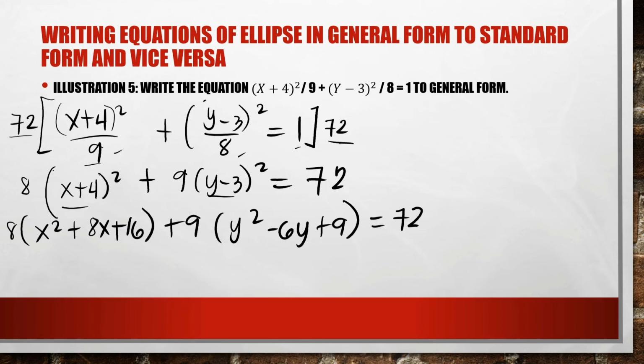And then, didistribute na natin itong 8 and 9. So, magiging 8x squared plus 64x plus 128.